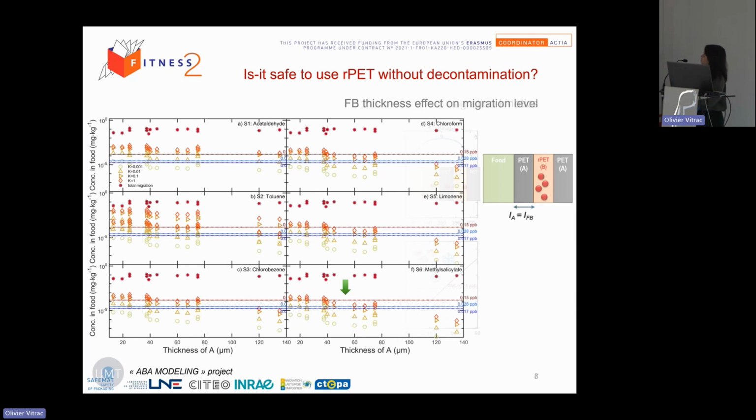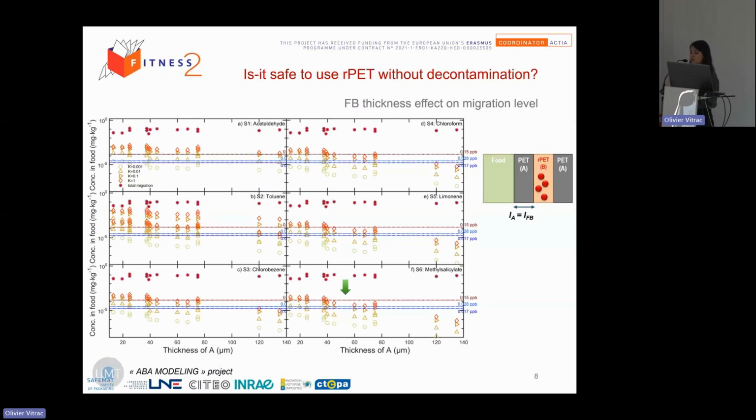Here I would like to show you the effect of the thickness of the barrier, layer A, on migration levels. For six substances in the challenge test, I present the concentration in food as a function of the thickness of layer A. We can see that the migration level decreases when we increase the thickness of the barrier.